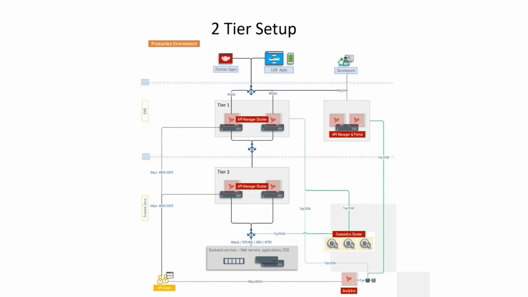A little difference is that this can also be hybrid. The trusted zone can be on-premise, to have close latency to your local internal systems, and your external DMZ setup can be on a cloud. So you can have cloud and on-prem, a hybrid setup of the gateway.